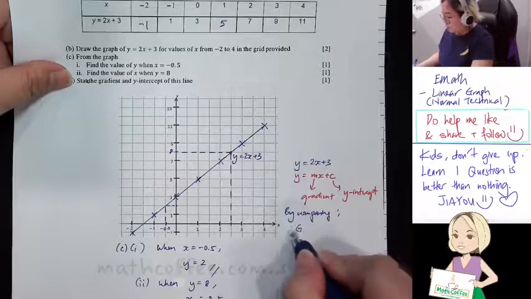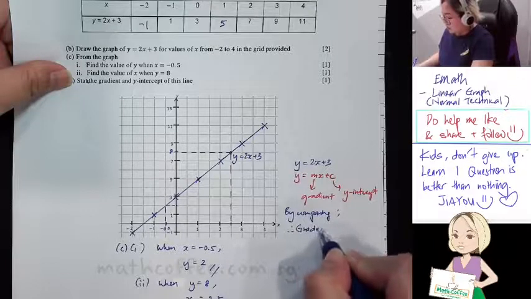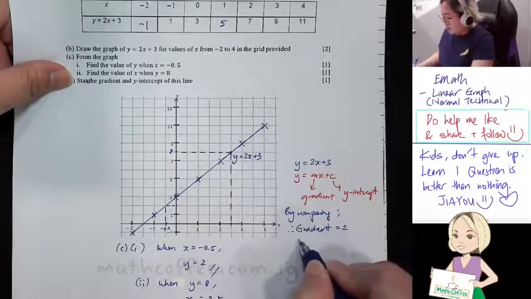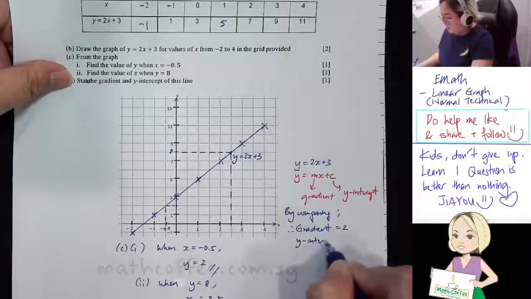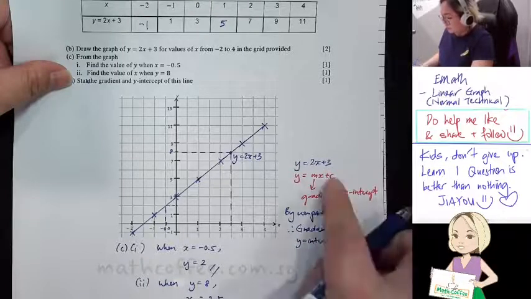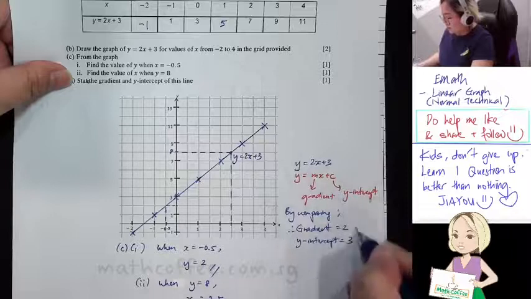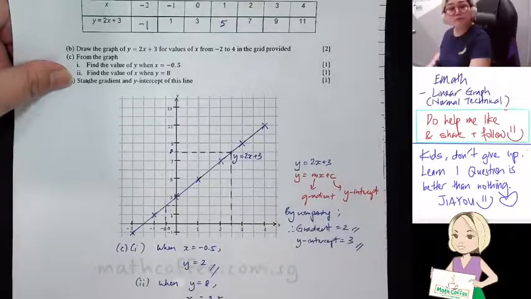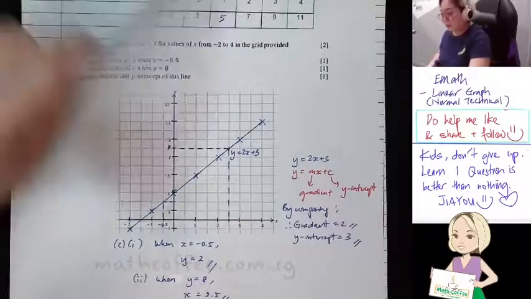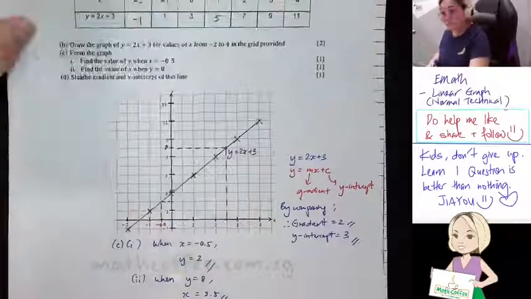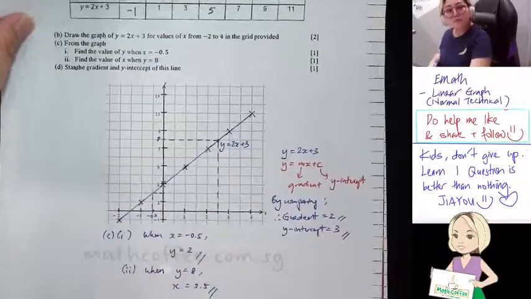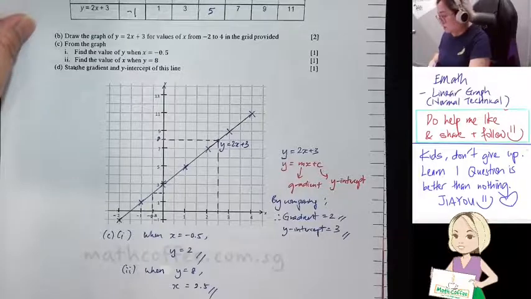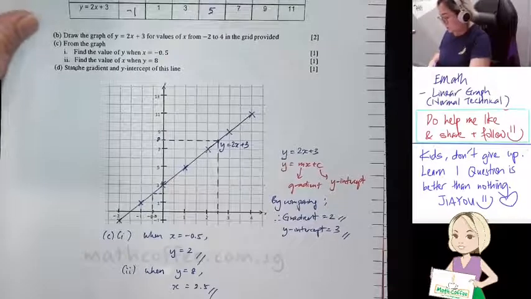So therefore, gradient equals to 2, and my y-intercept equals to 3. And we are done. Okay? So this is how you solve this question.